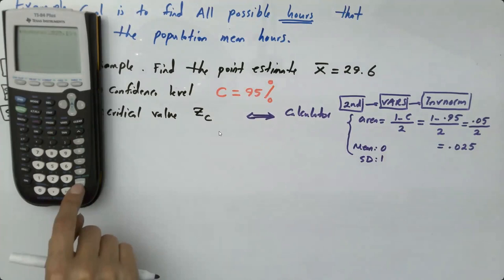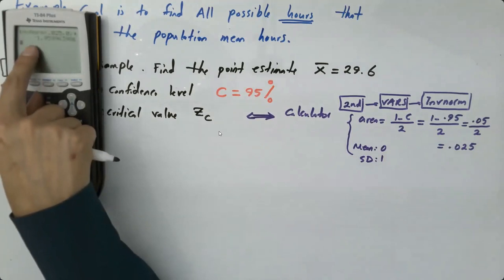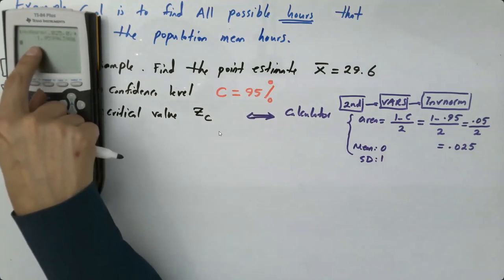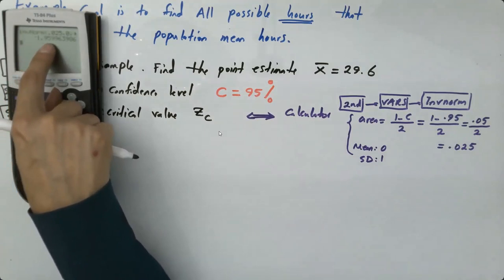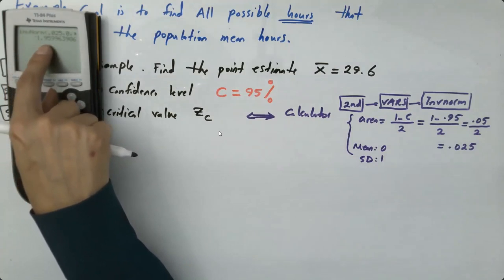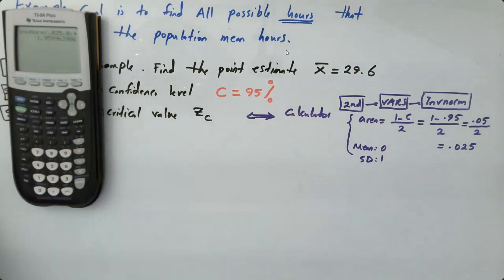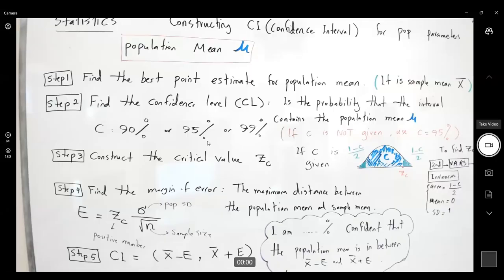So let me do the calculation. It gives me a negative value, negative 1.96 if you round it to 2 decimals. Take a look at the board. For the board, you're going to use the positive z value. Why is that?